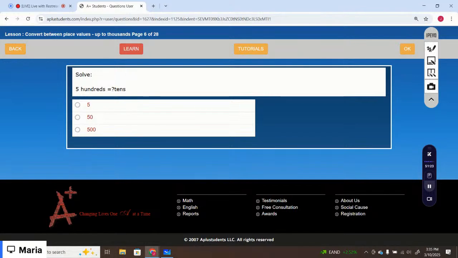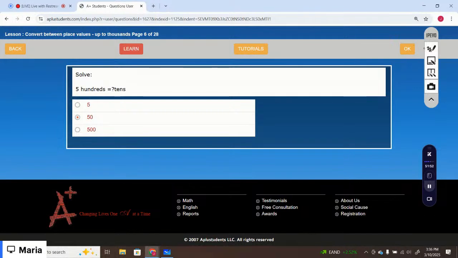Five hundred is equal to how many tens? 500 is equal to 50 tens.